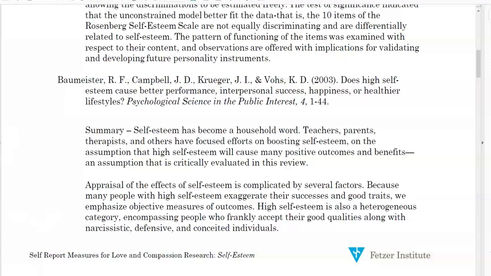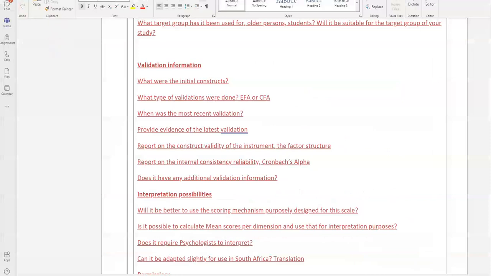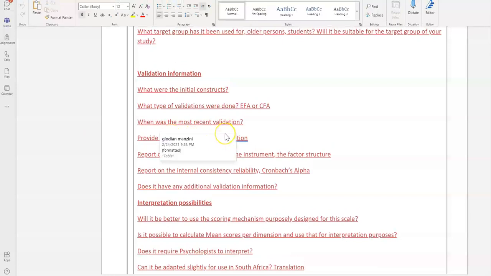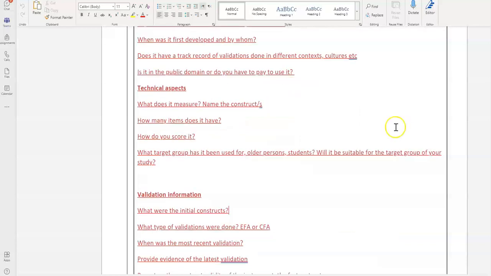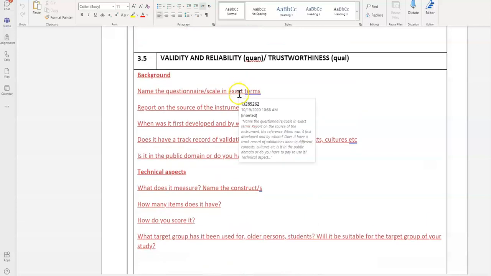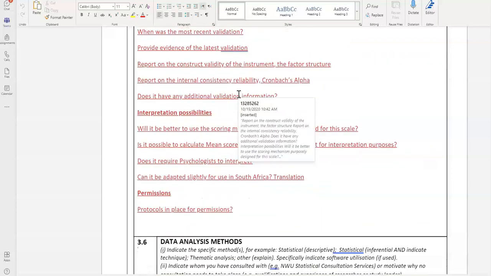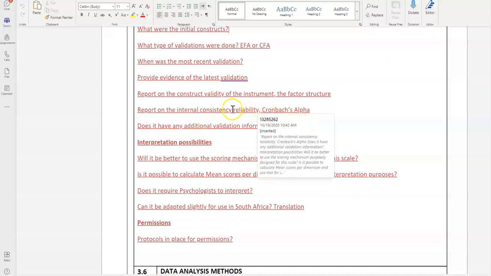Right, just a moment. Okay, so now it appears on your screen again. From your additional articles, you need to get this information about the reliability.